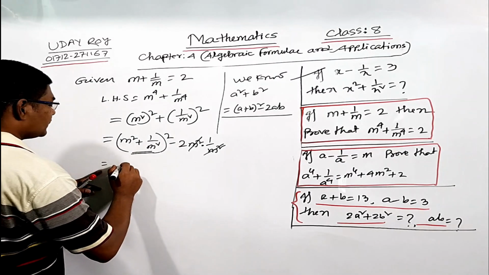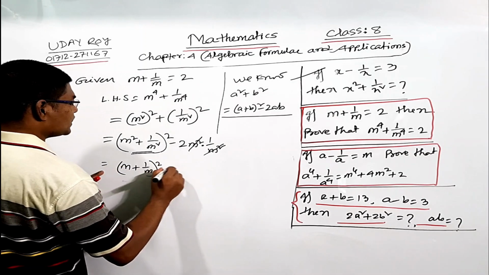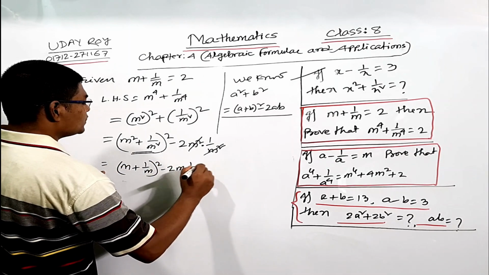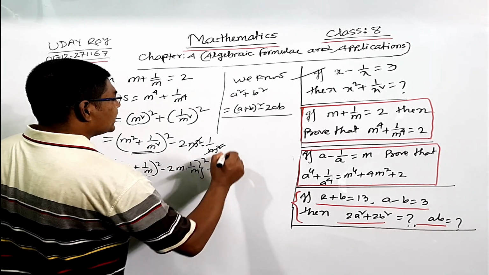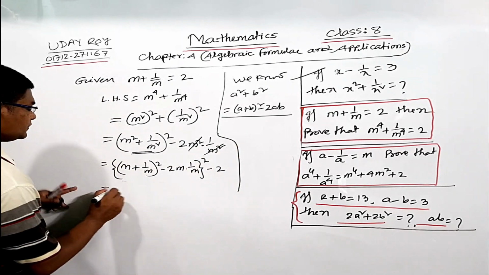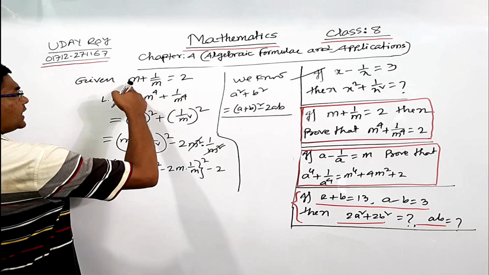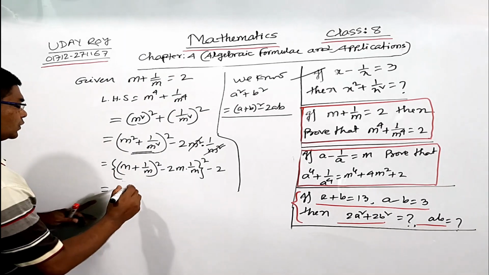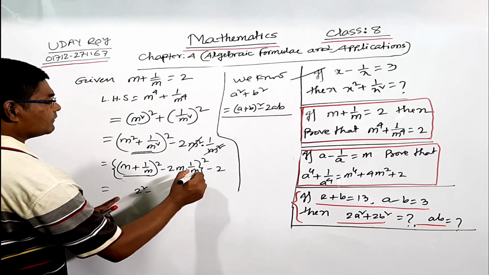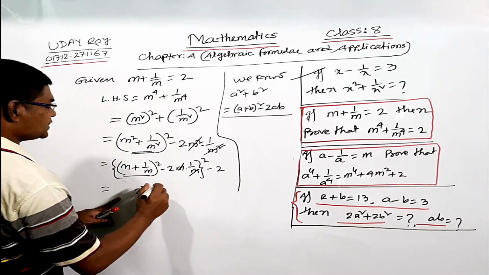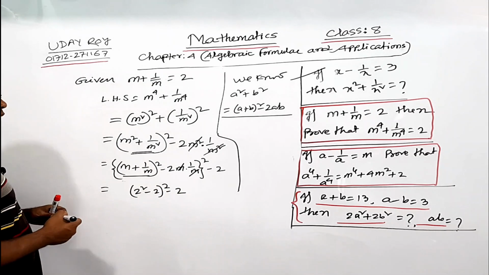Now m plus 1 by m whole square minus twice m into 1 by m, here is whole square minus 2. So you can see m plus 1 by m whole square, m plus 1 by m equal to 2. That means m plus 1 by m equal to 2 square. Write 2 whole square minus 2.